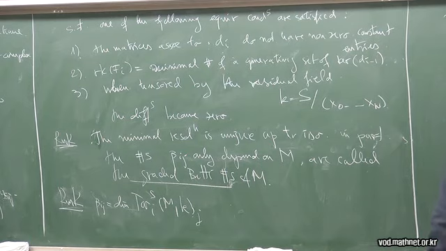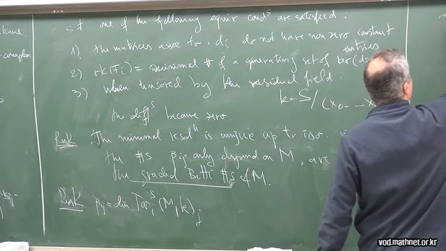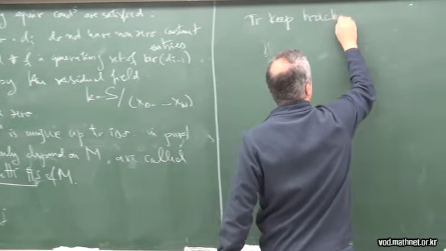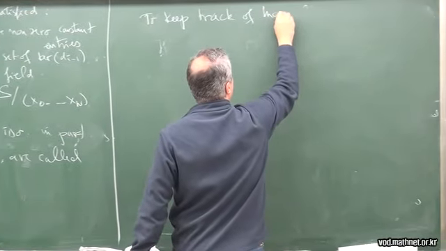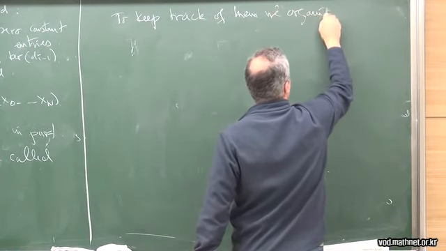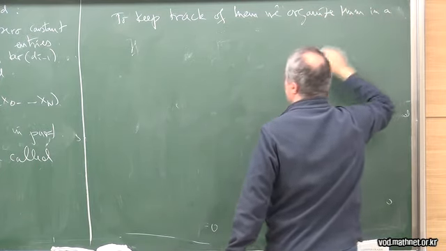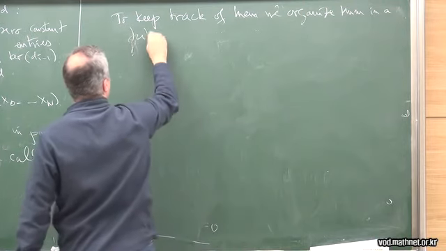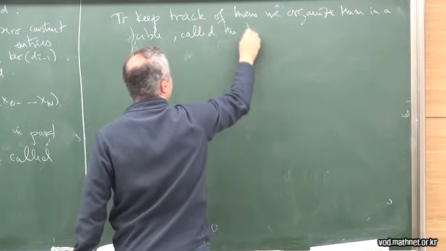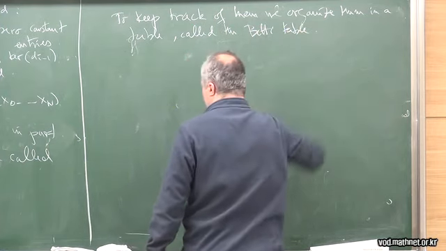And usually to keep track of them, we organize them in a table called the Betti table, like that.